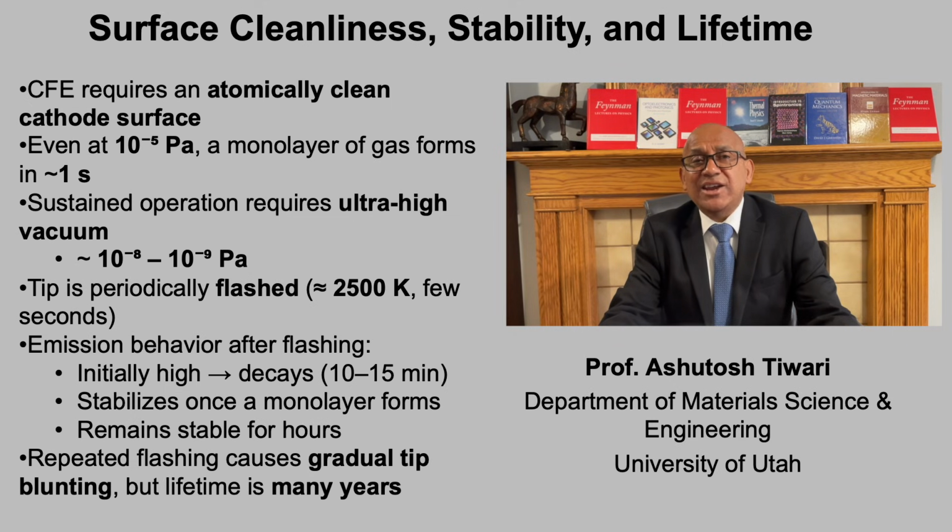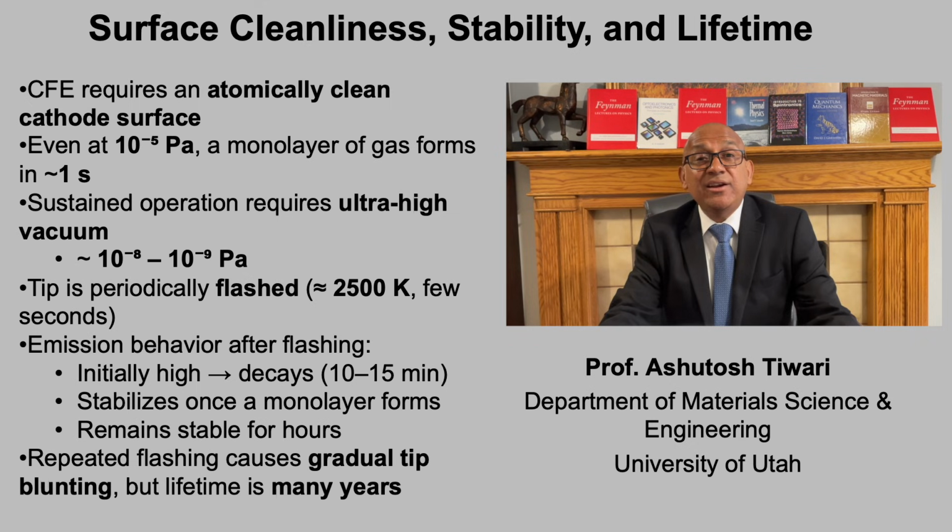Immediately after flashing, the emission current is typically very strong, but it decays over the next 10 to 15 minutes as gas molecules again begin to adsorb on the tip. Once approximately a monolayer has formed, the emission stabilizes and can remain relatively constant for several hours. Eventually, further adsorption leads to renewed instabilities and the tip must be flashed again.